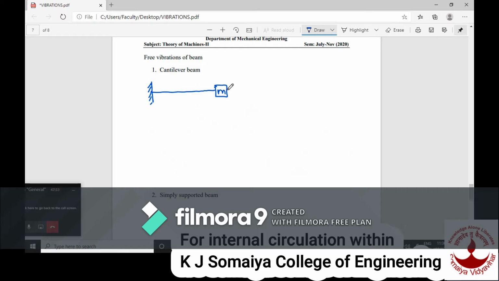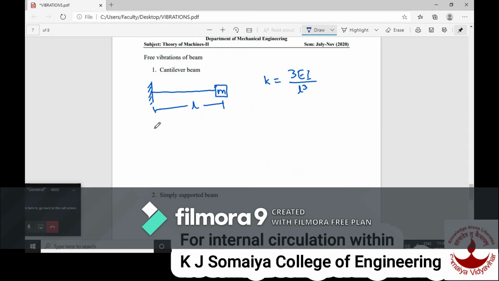For this, the stiffness of the beam can be determined as k equal to 3EI divided by L cube, where L is the length of the beam, E is Young's modulus, and I is the moment of inertia of the beam, which varies with respect to its own cross section.